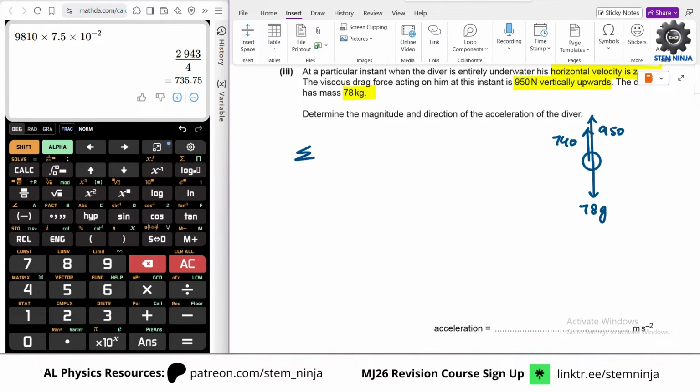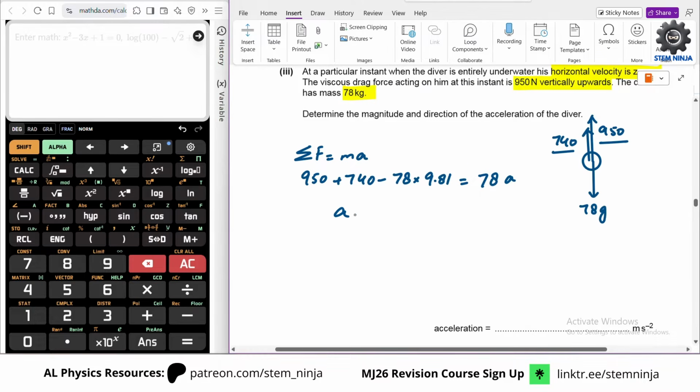Right, okay, so sum of forces equals ma. 950 plus 740 minus 78 times 9.81 equals ma. Actually, we already saw that this was going to happen. However, what you can do is take 78g minus that also, ma.